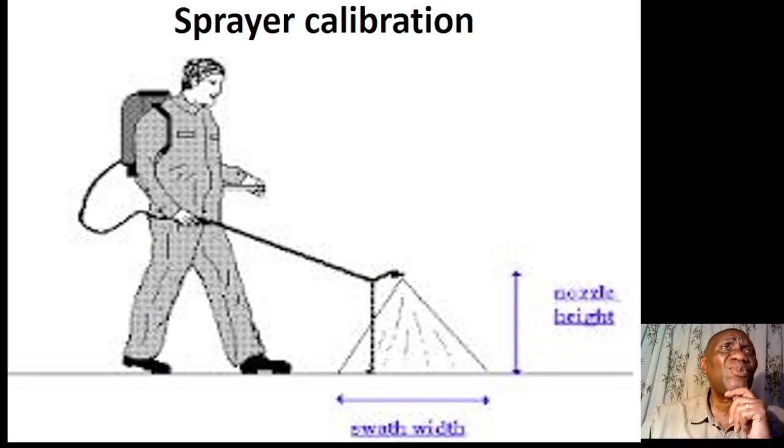Now we move on to sprayer calibration. Right, in that diagram we are showing the swath width and the nozzle height. There could be a piece of string attached to a weight so that one can maintain the nozzle height.